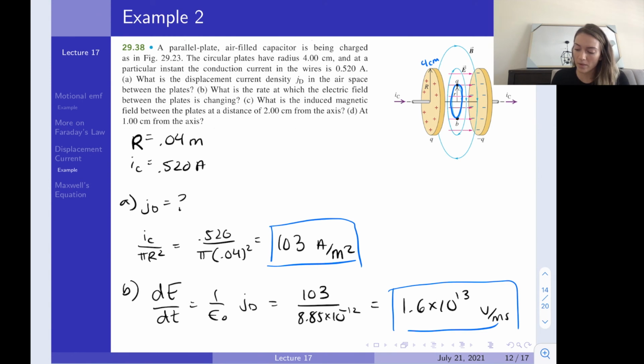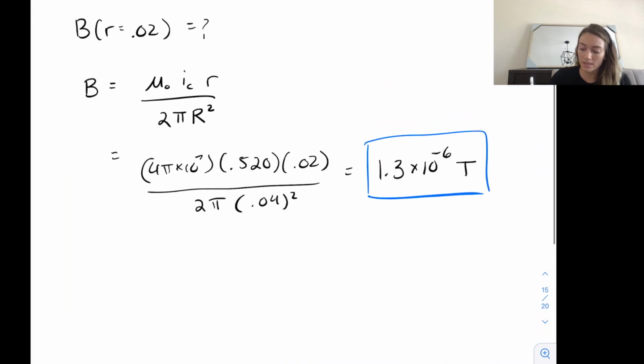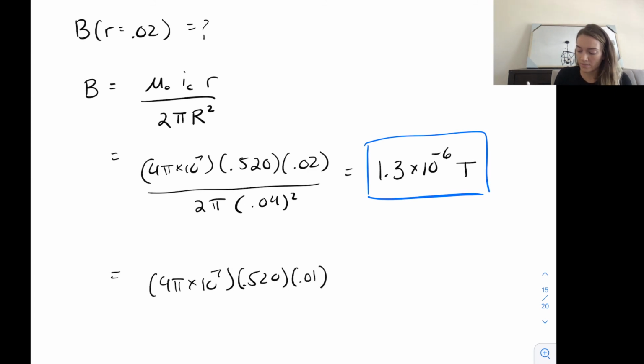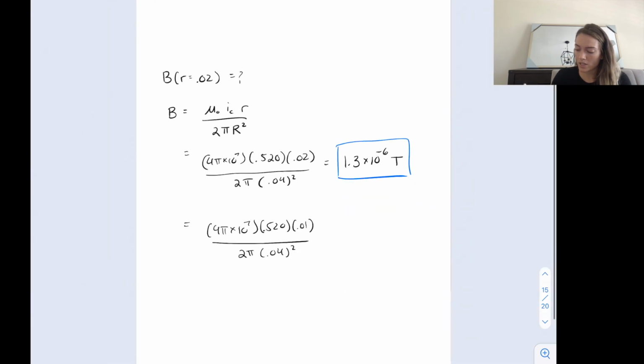Now we want to know, what's the magnetic field 1 centimeter from this axis? We do the exact same thing, but just plug in 1 centimeter. We have the same equation: 4 pi times 10 to the minus 7, 5.2, 0.01.